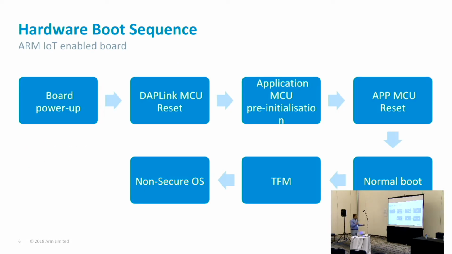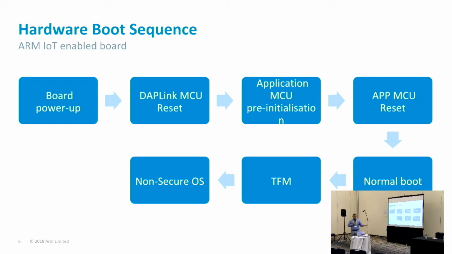So this is a small example of the boot sequence on an ARM IoT board. This is intended to show the discrete steps that the boot sequence takes, which would be useful for the CI system to either intercept or be aware of the state of.